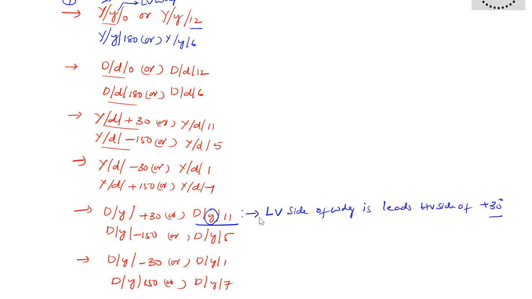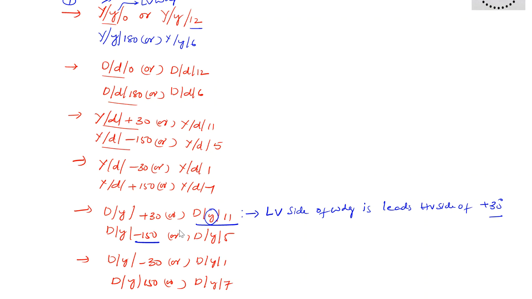Depending upon the arrangement of the winding, we can also say the LV side leads the HV side by minus 150 degrees. So both give the same meaning.